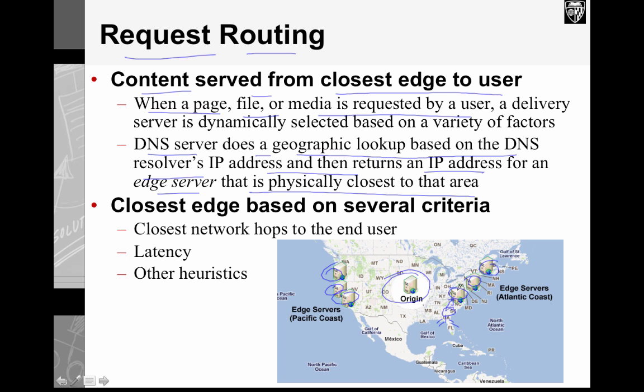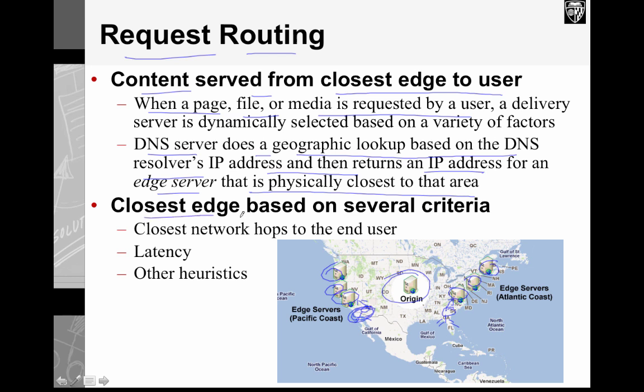So they will end up being routed to a server in North Carolina. Versus if there's an internet user sitting in Arizona, if they access the same content, they will end up going to an edge server in the West Coast.